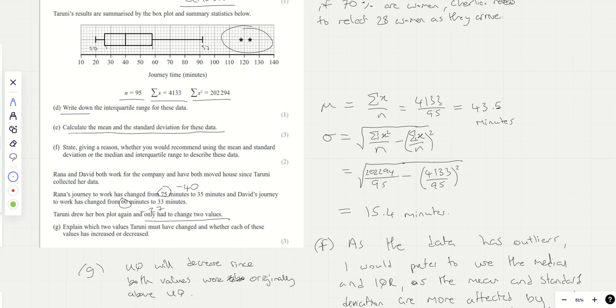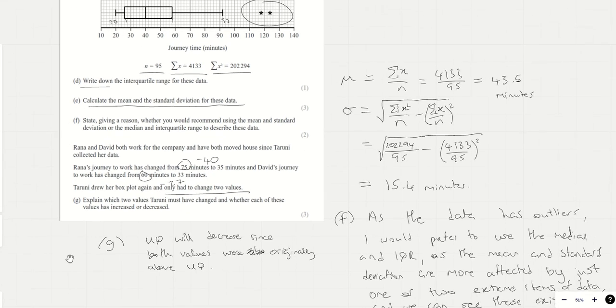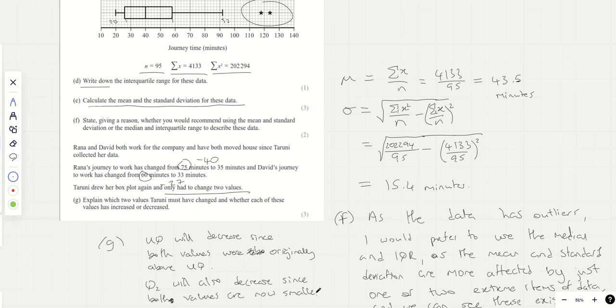Okay, cool. And it's also the median which will change. Q2 will also decrease since both values are now smaller than the previous median.